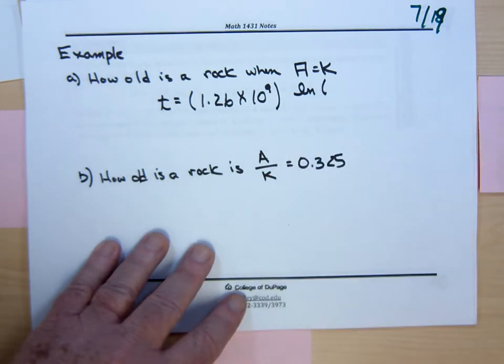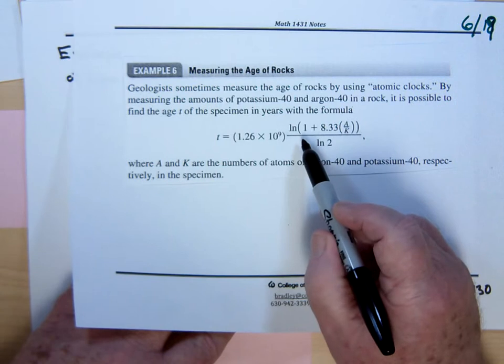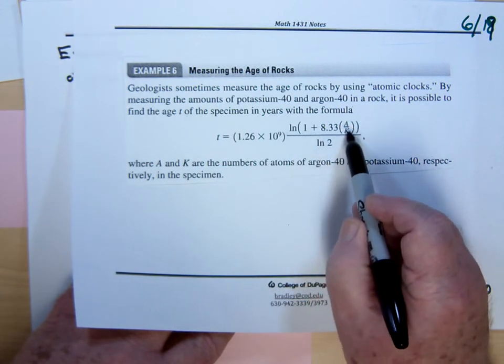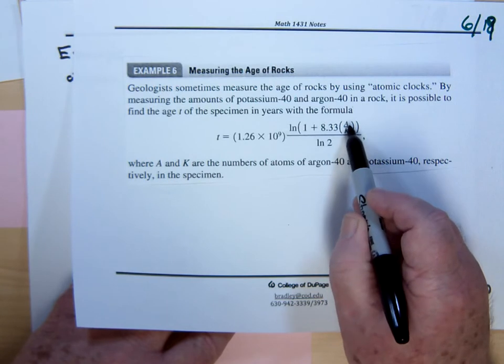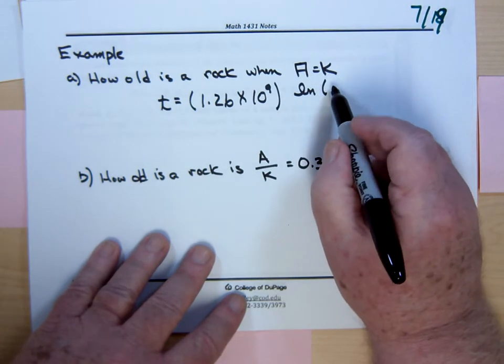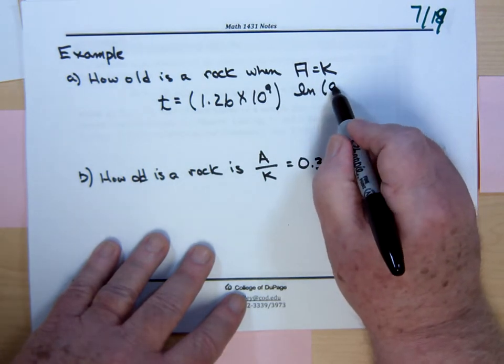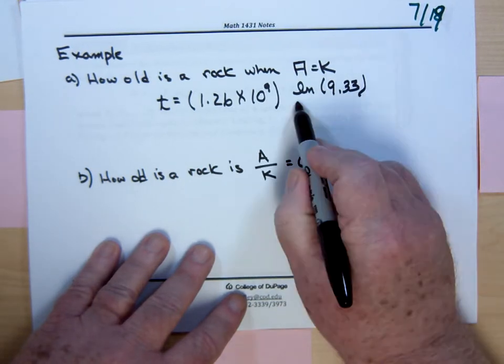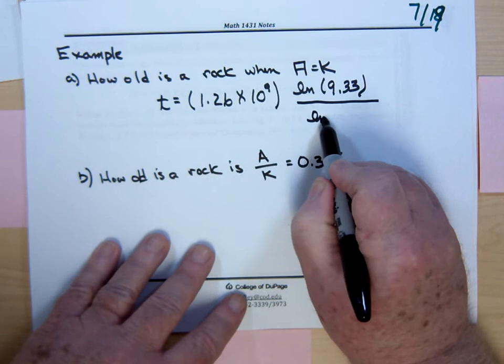Recall that this is the natural logarithm of 1 plus 8.33 times that ratio. Now in part A of this problem, we're saying that A equals K. So that means I'm going to add 1 plus 8.33 times 1, or I will have 9.33. And then I'm going to divide this all by the natural logarithm of 2.